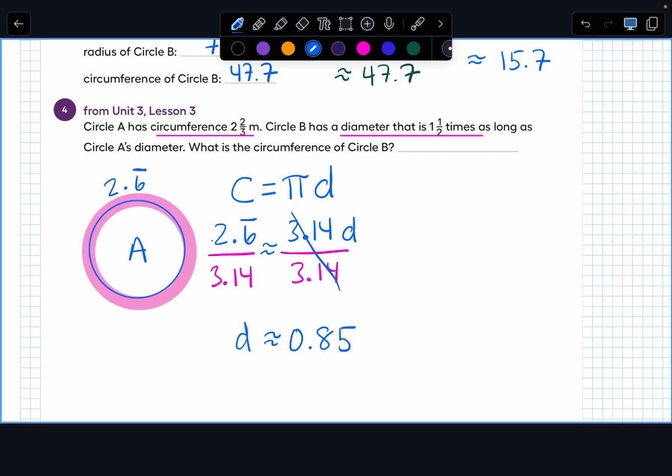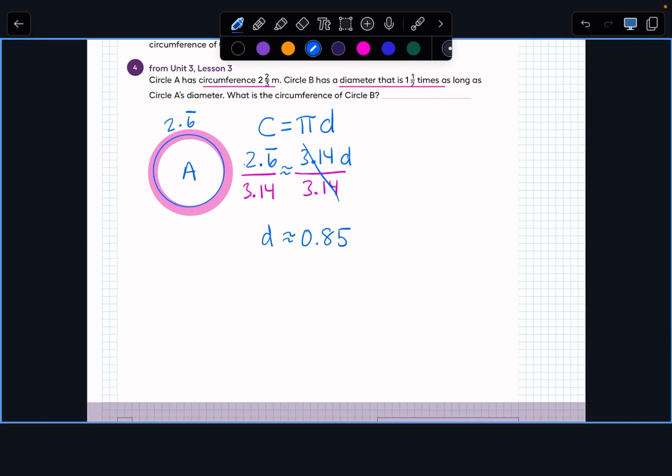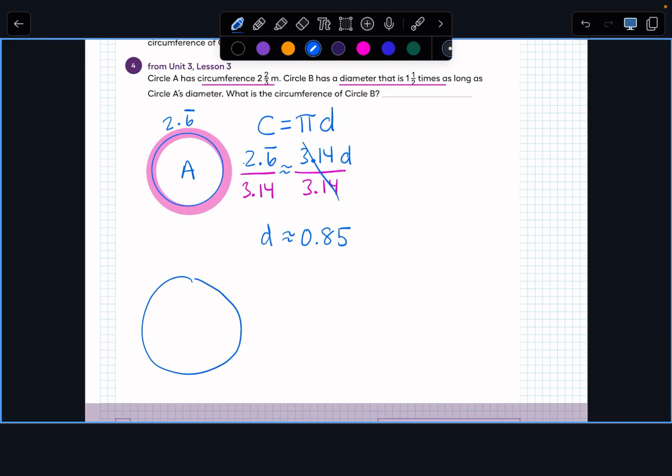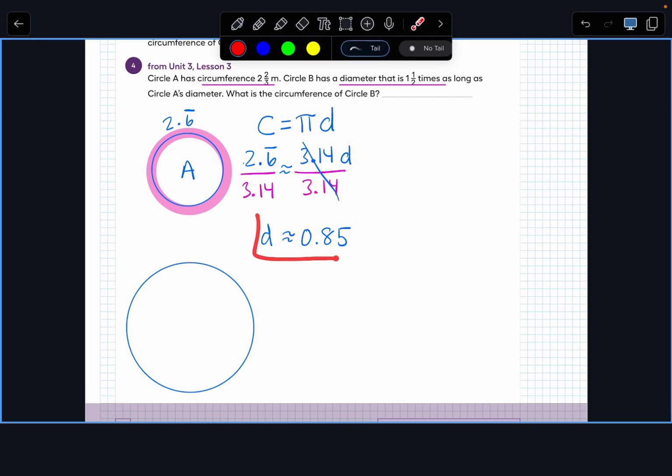Okay, now circle B. Circle B, they said, has a diameter that's 1.5 times bigger than A's diameter. We just figured out that this was 0.85. The diameter was 0.85. If it's 1.5 times bigger, what we need to do is take 1.5 times 0.85.